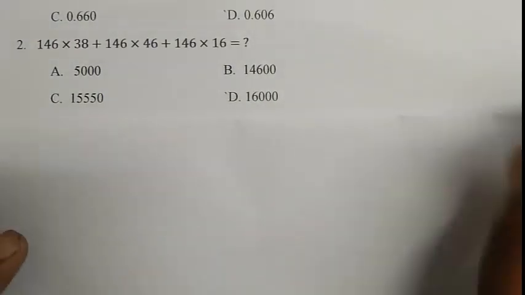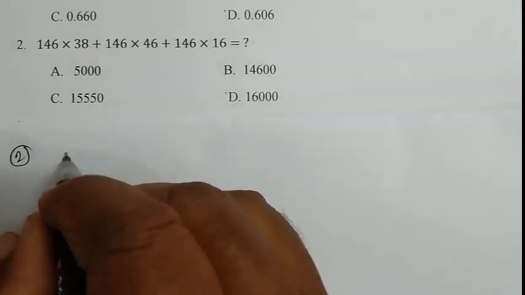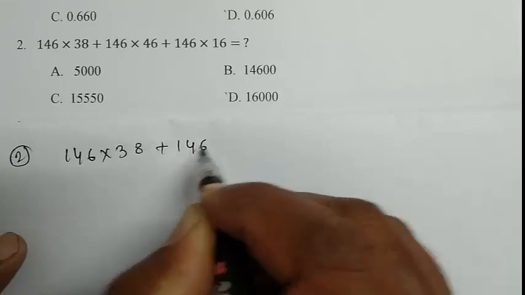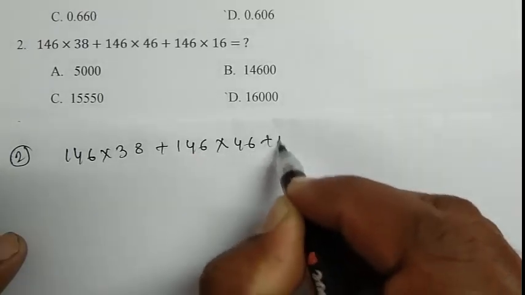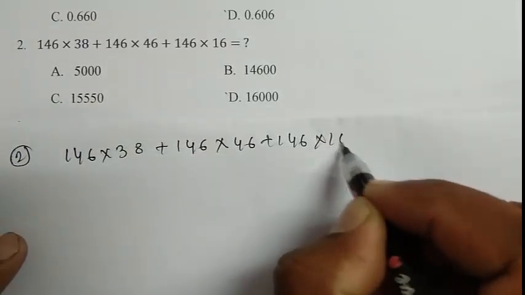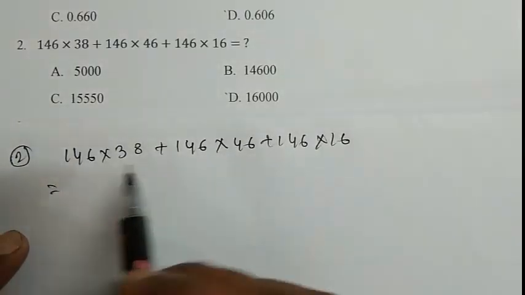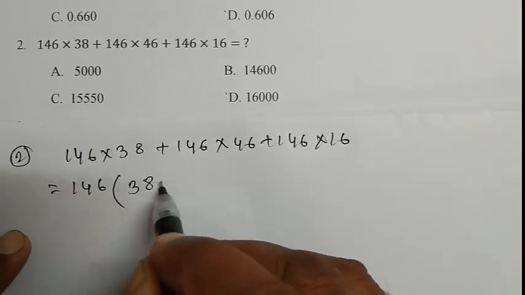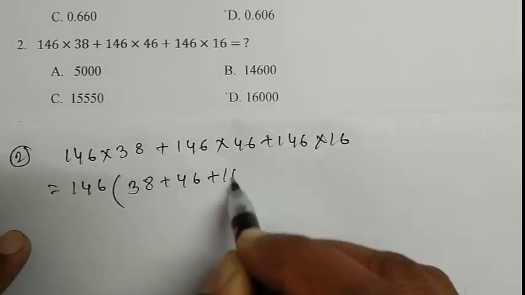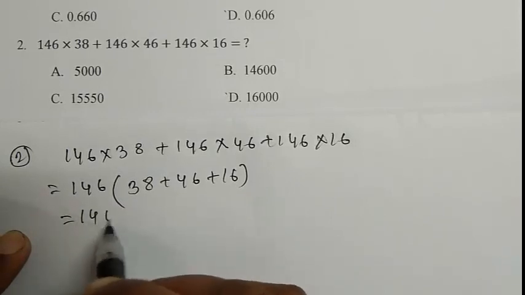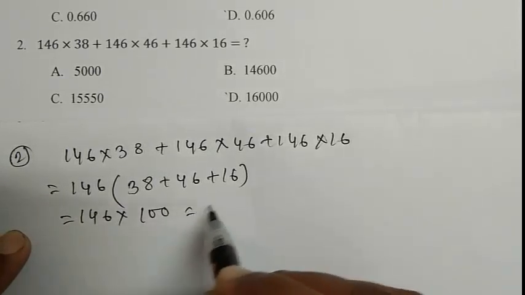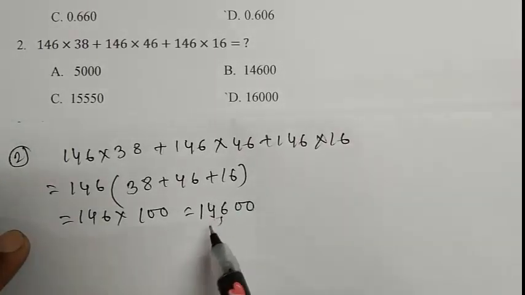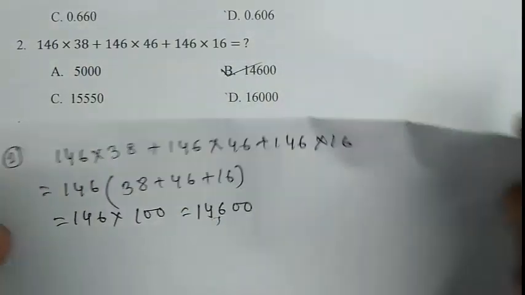Taking 146 common, it becomes 146 into 38 plus 46 plus 16, which is 146 into 100, so it becomes 14,600. B is the correct answer.